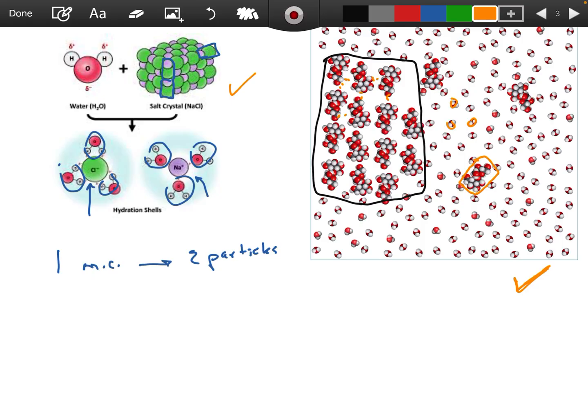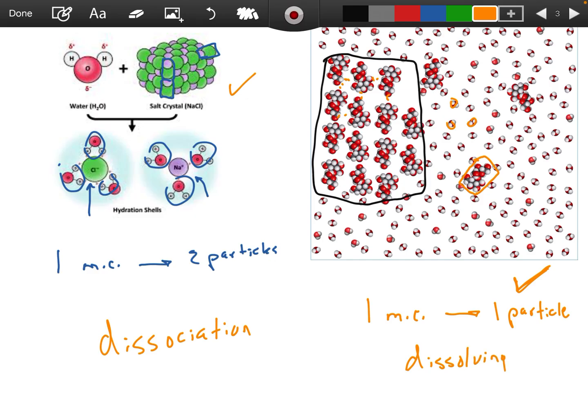The molecule remains intact. So technically, one molecule of sugar is going to give us one particle when it's dissolved. When the water molecules carry off that sugar molecule, it doesn't break apart, so you still have one particle. And that's the difference between dissociation and dissolving. Dissociation is a special kind of dissolving. To dissociate yourself from something or someone means to break completely free.